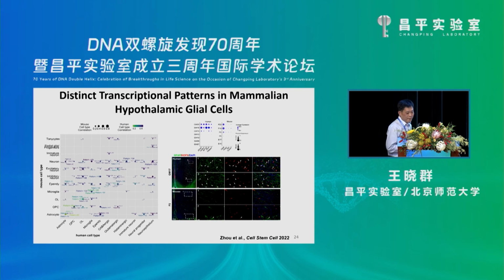To define gene expression patterns in human hypothalamus development, we adopted a transfer learning approach to target mouse cell types, because in the mouse it is already very well defined how many subclasses of cells there are in the hypothalamus. We used transfer learning to map the human cell types to the mouse cell types, and we can get different patterns.